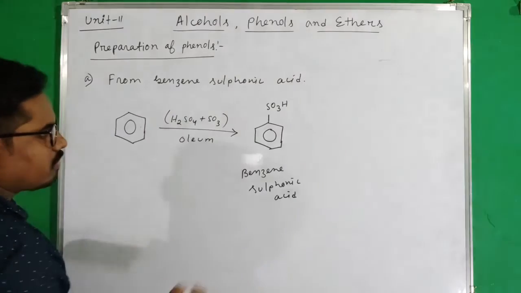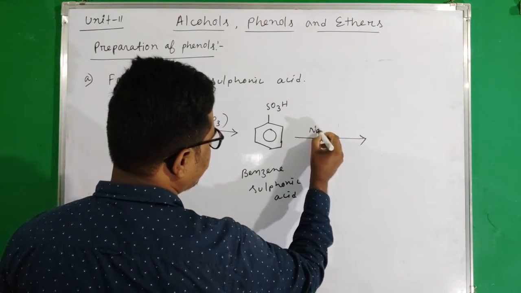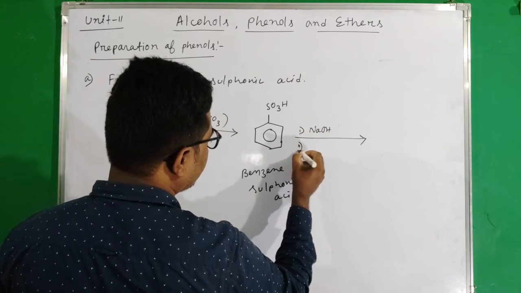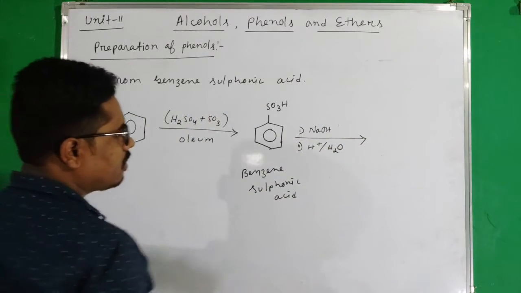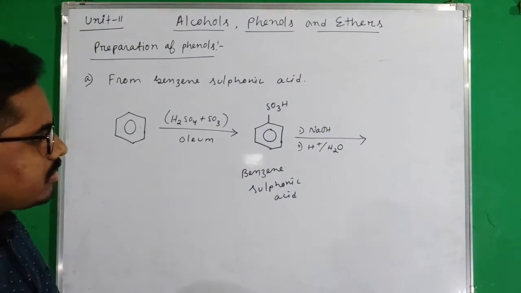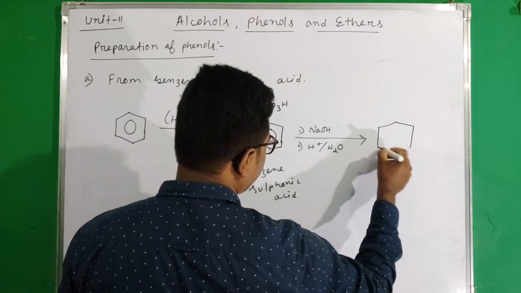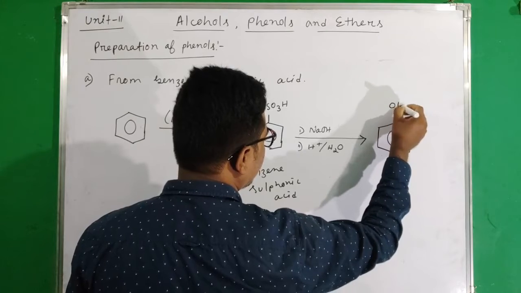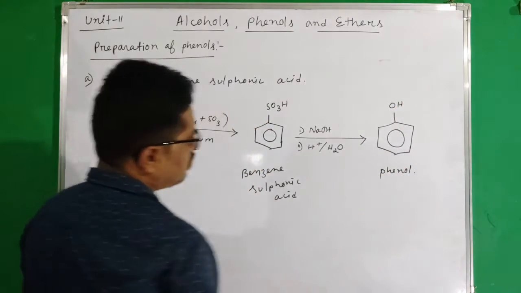And now when the benzene sulfonic acid is treated with sodium hydroxide, and after that acid hydrolysis, or after that when we add an acid, then the benzene sulfonic acid is converted into phenol. That means the final product is phenol.